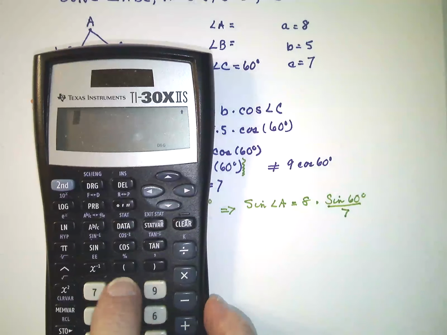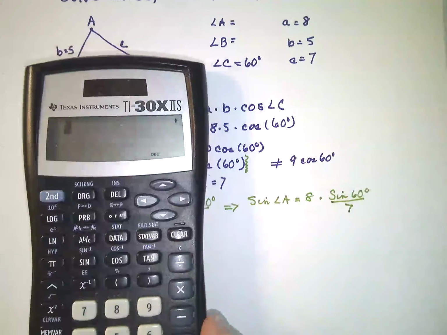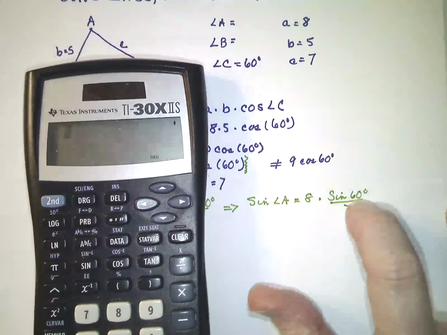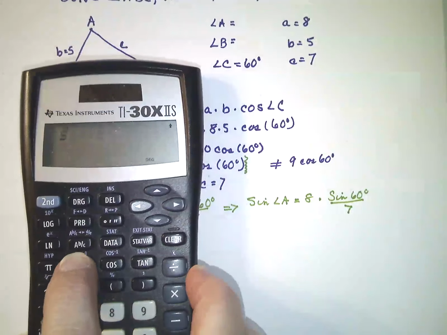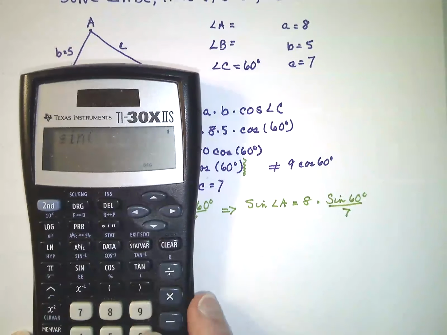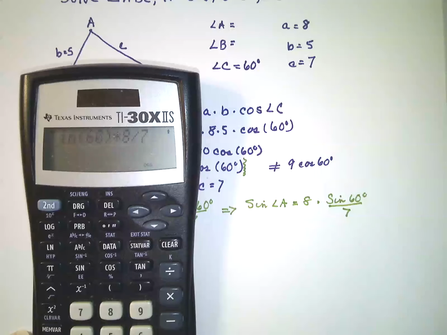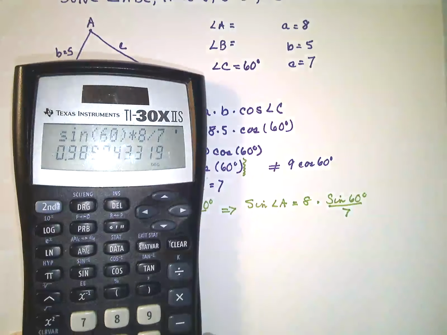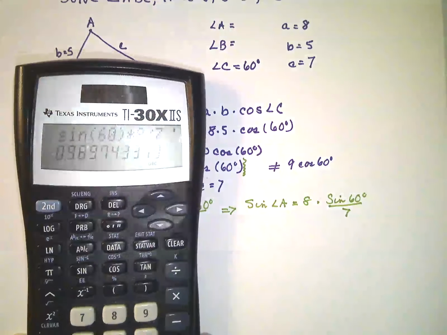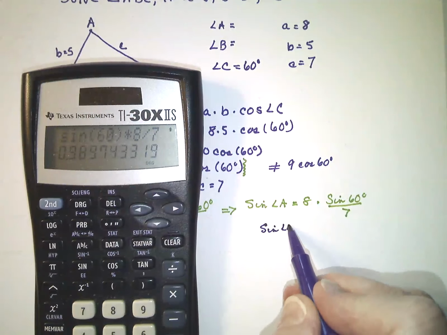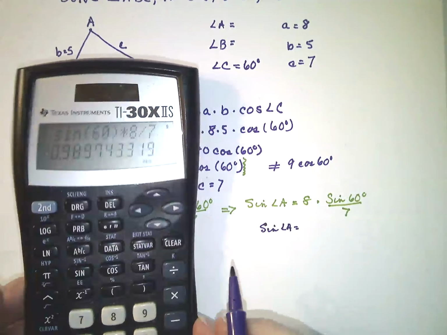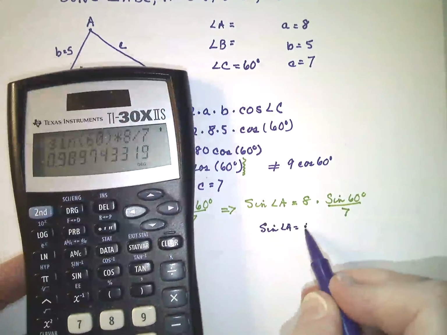Unless you're doing reverse entry, so I can just put in the sine of 60 degrees times 8 divided by 7. And it gives me that lovely decimal. I really don't want that lovely decimal. I don't want to know what the sine of angle A is. I want to know what angle A is.